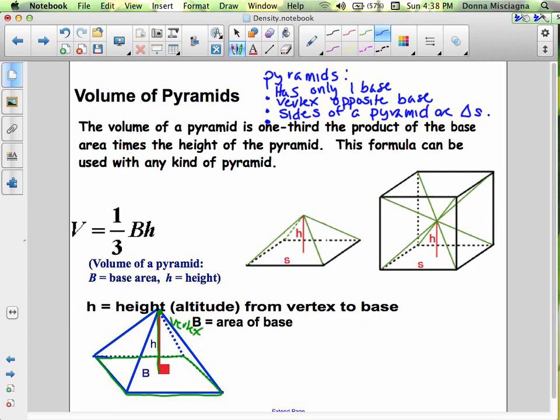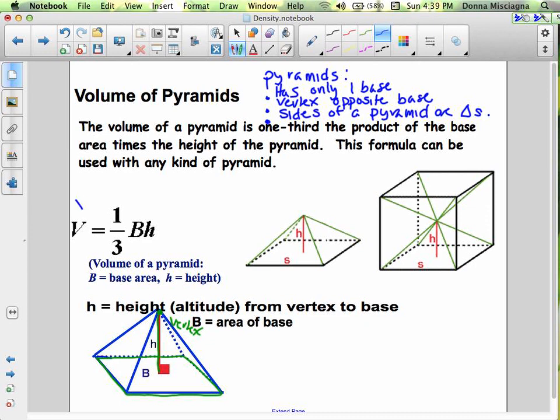So the volume of a pyramid is 1/3 the product of the base area times the height of the pyramid. With a prism, it's just the base area times the height of the prism. With pyramids, we're also going to multiply that by 1/3. This formula can be used with any type of pyramid.